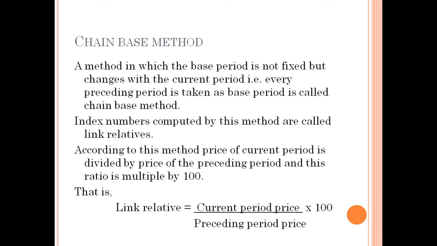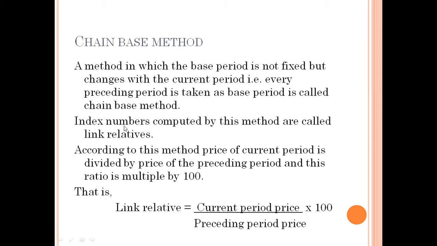Now today we will discuss the chain base method, a method in which the base period is not fixed but changes with the current period. That is, every preceding period is taken as the base period.